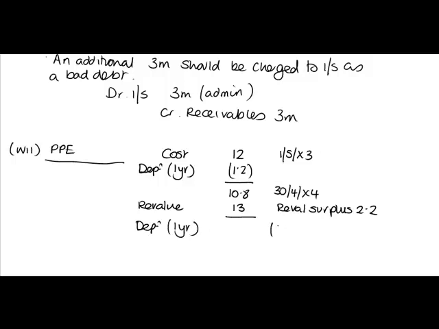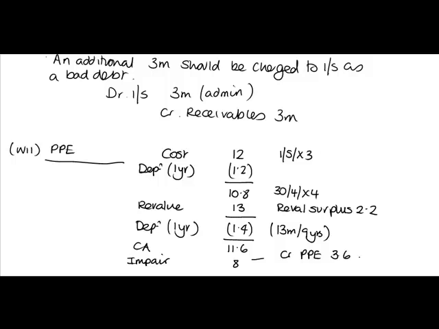How much is this going to be? 13 million spread over 9 years. So 13 divided by 9 gives us a figure of 1.4 to deduct. So our carrying amount at the year end is 11.6. We impair the asset to 8 million. So therefore I'm going to credit PPE 3.6 million.